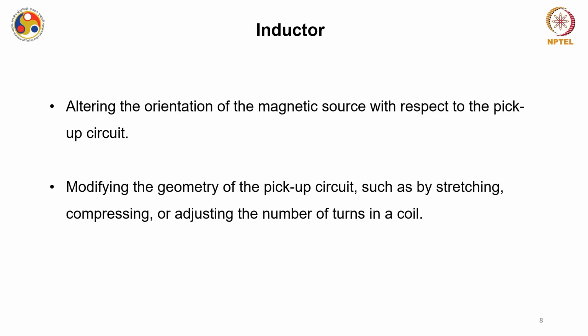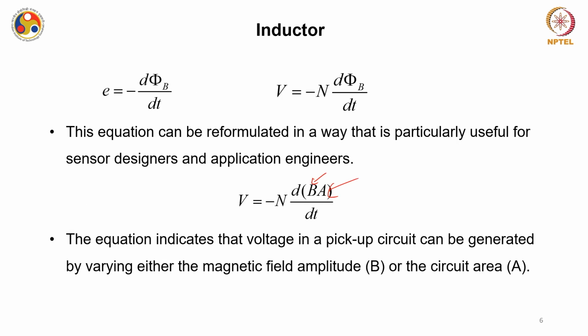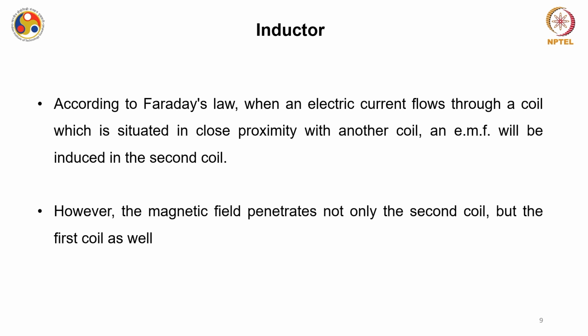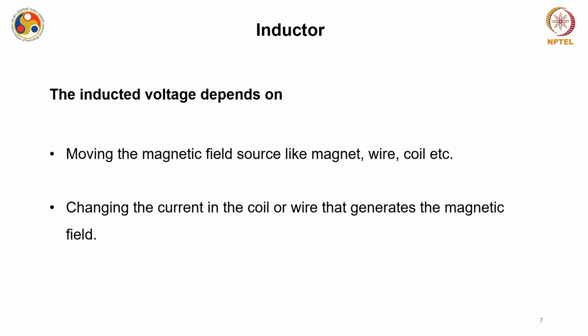Then modifying the geometry of the pickup circuit, such as by stretching or compressing or adjusting the number of turns in the coil, and this effect can be seen in the form of this area A or N. So if I am changing either A or N, I am in turn changing this V. Based on the points we have seen, a sensor can be designed using an inductor.